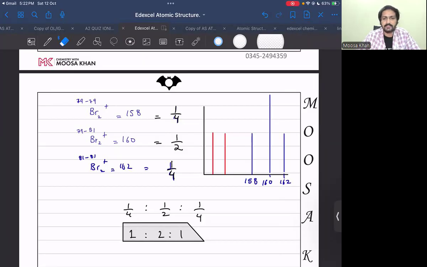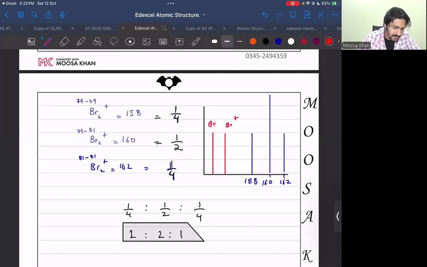Yes. Are you getting it? This is for a single Br atom, and all of these three other peaks are for molecular ions.